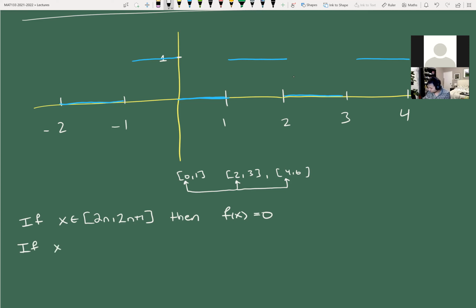And let's say there's a hole here and here. And if x is in 2n plus 1 to 2n plus 2, then f of x is equal to 1. Does that kind of make sense?